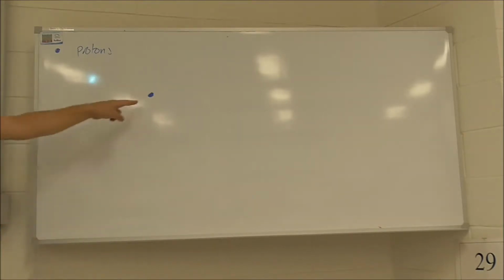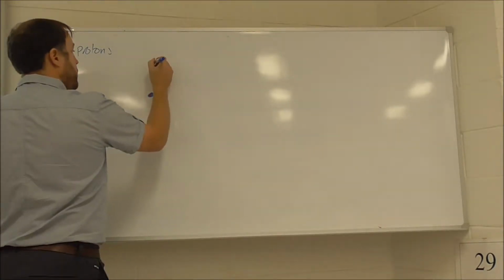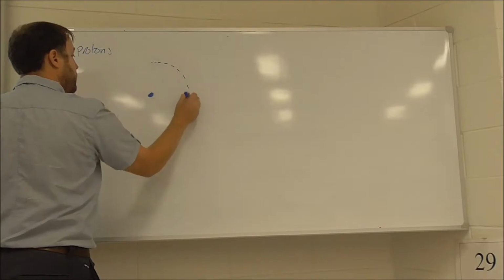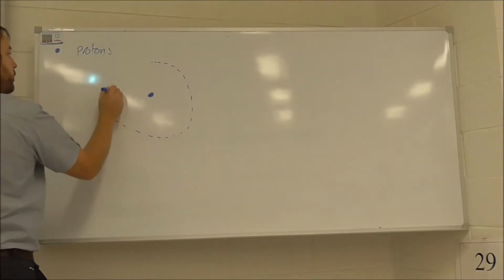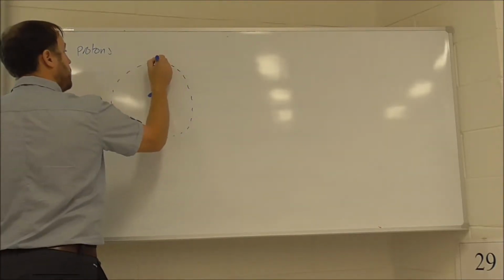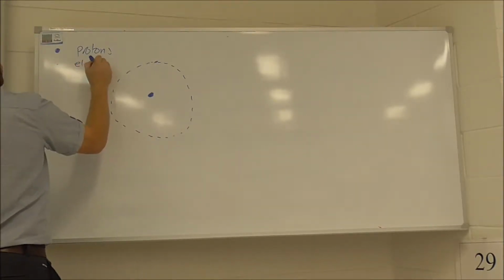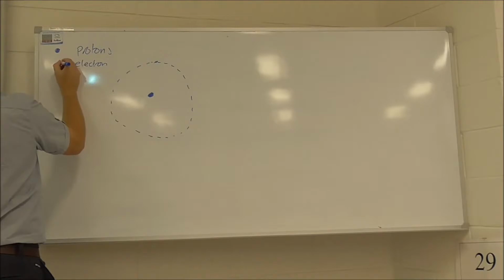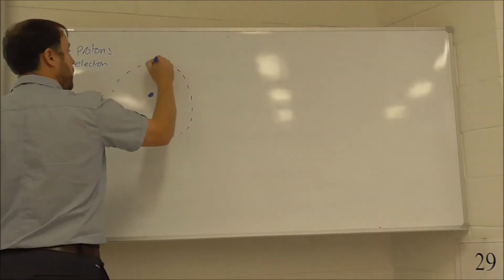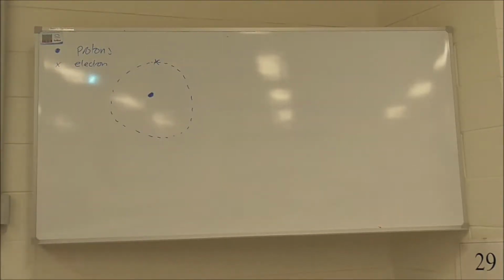So I've got one proton, and around the outside, and I'm just going to draw a diagram, this is not really what it looks like. The small little dot is an electron. Actually, I might do it as a cross, but it's pretty easy to see. So that's a diagram. It just represents, in an easy to picture way, what a hydrogen atom would look like.